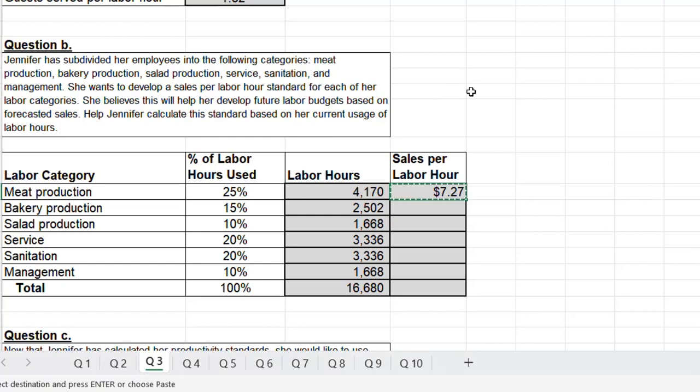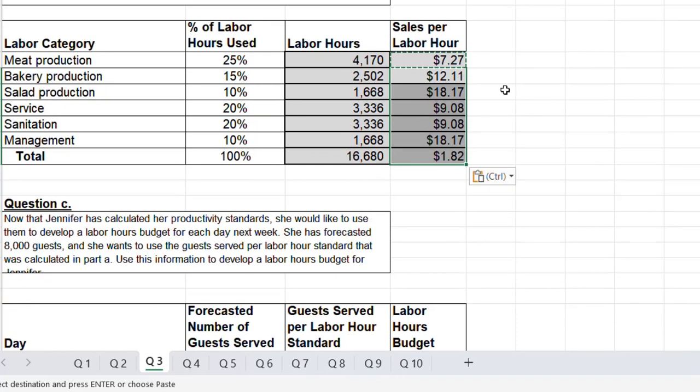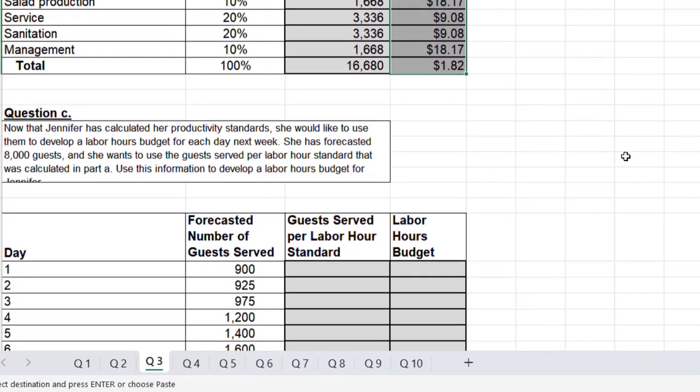So I can use this number if I'm looking at my sales forecast and I want to staff properly. I will use these metrics to make sure that I have staffed properly. But the labor hour budget is probably the most useful for you at this point.